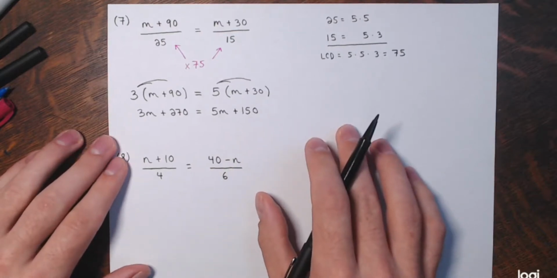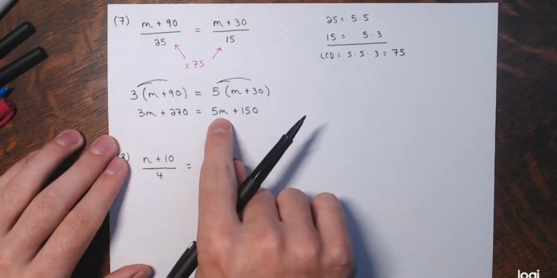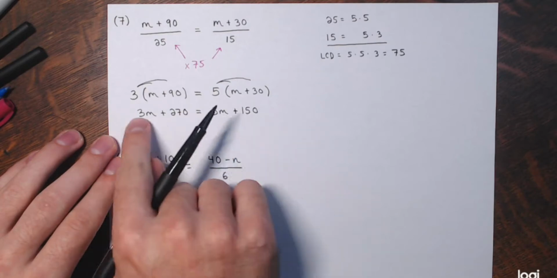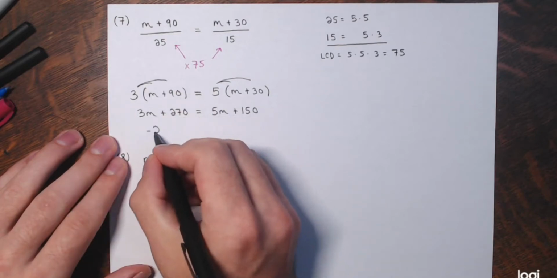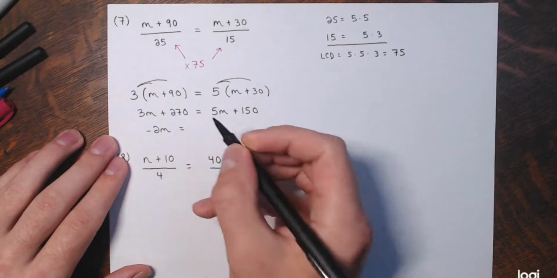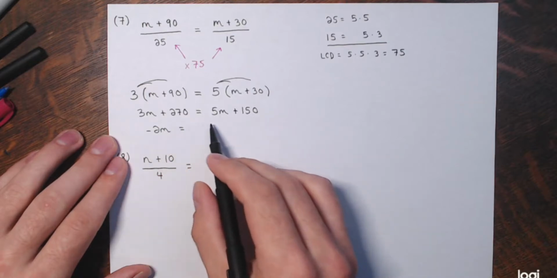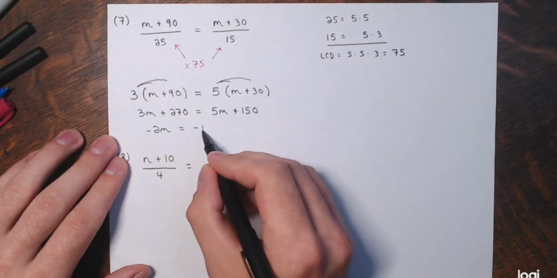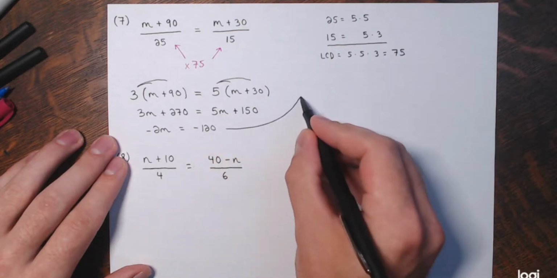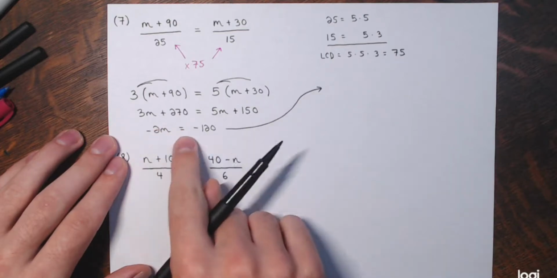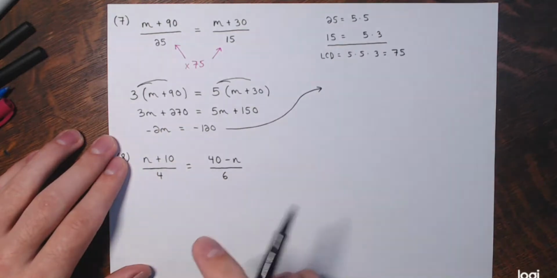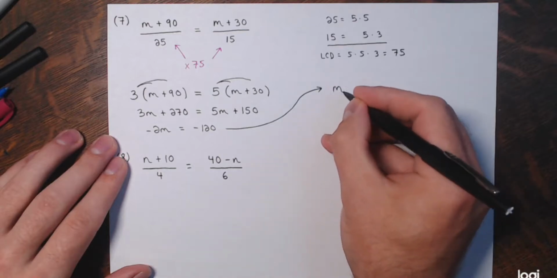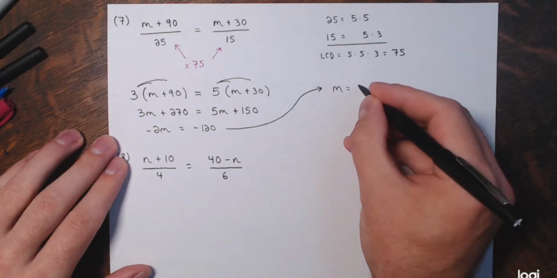And I'll take all the m's to the left. So subtracting 5m would give me negative 2m on the left. And subtracting 270 would give me negative 120 on the right. And then I would divide both sides by negative 2 to get m equals positive 60.